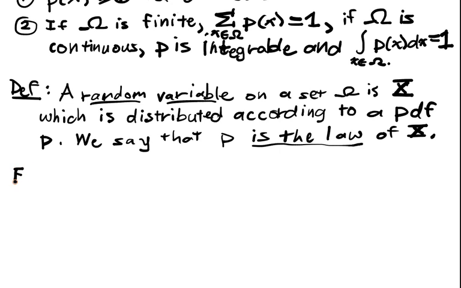For example, we can have omega equal to {0, 1}.